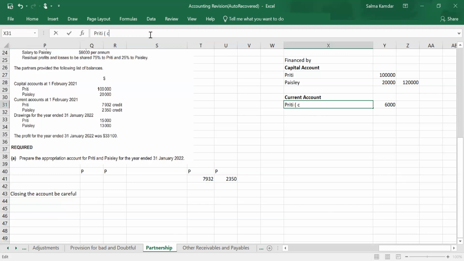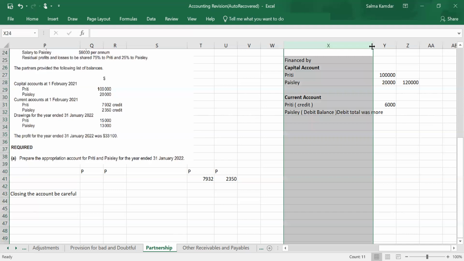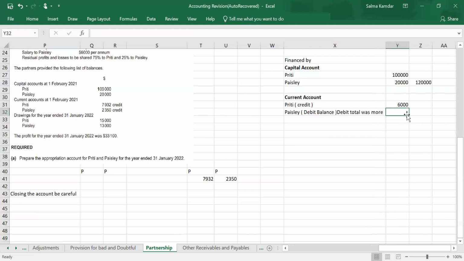Liabilities have credit balance, so I will say Preeti's account has a credit balance. And I get to know that Paisley's current account balance is a debit balance. Debit balance means the debit total was more. And I get to know that Paisley's debit balance was 500.